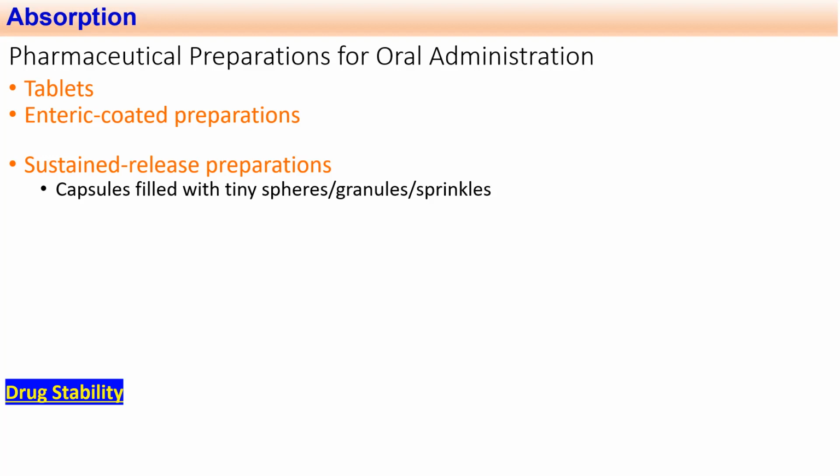So again, it's the capacity to maintain four things: identity, strength, quality, and purity, until it expires.